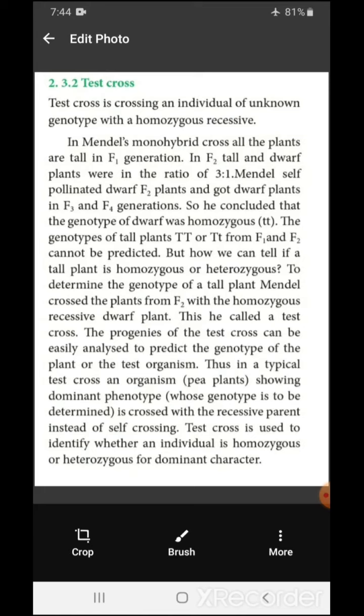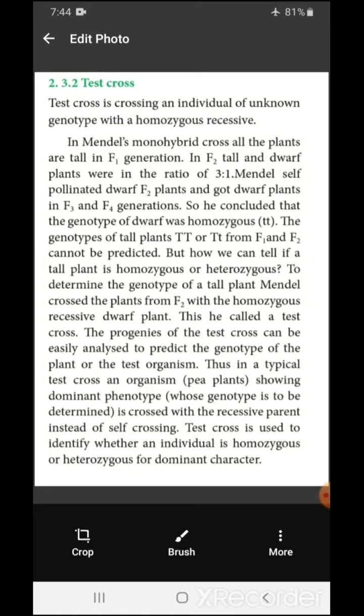So, to determine the genotype of a tall plant, Mendel crossed the plants from F2 with a homozygous recessive dwarf plant. This is called test cross. The progenies of the test cross can be easily analyzed to predict the genotype of the test organism. The organism involved in the test is called the test organism.